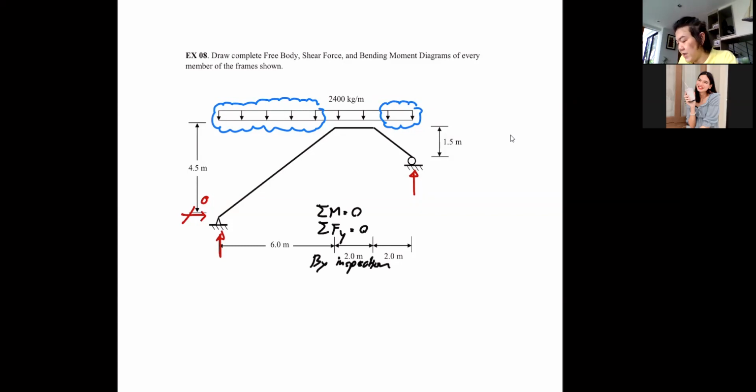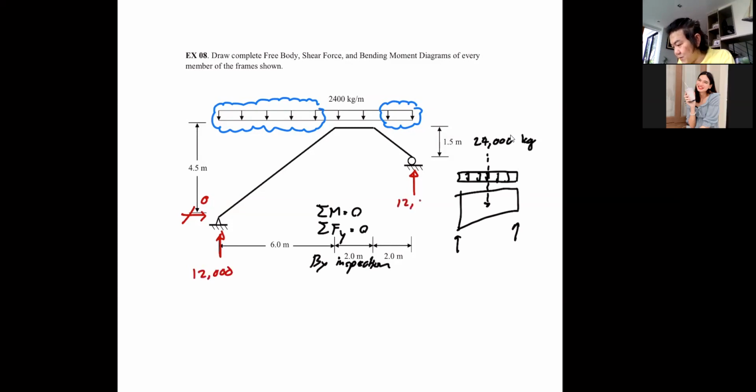Because if the shape doesn't matter, I can simply say that this is what we're dealing with. So it's simple enough, it's like a simple beam. And the total load here is 24,000 kilogram force. So we can easily see that our reaction is going to be 12,000, and 12,000 here.